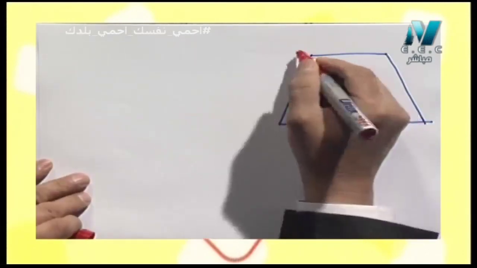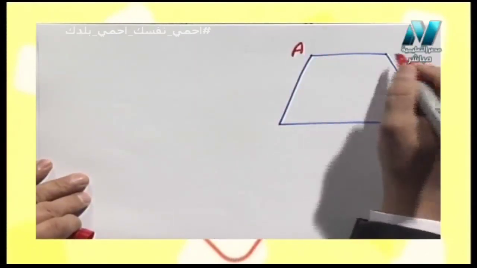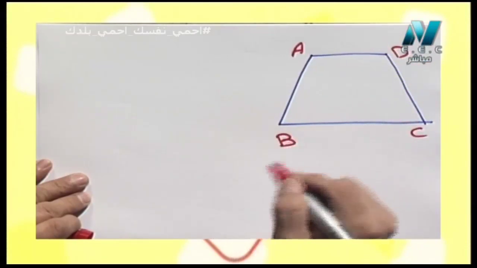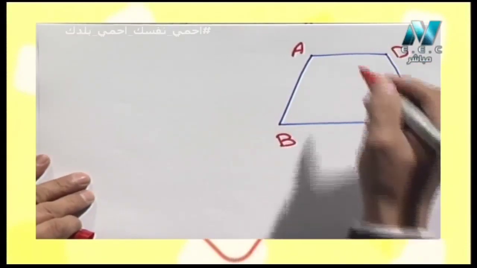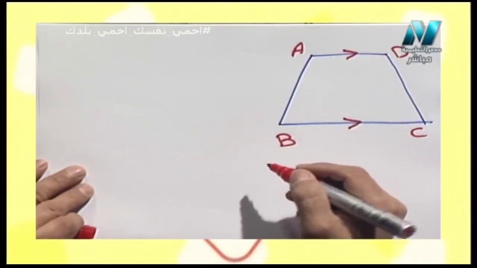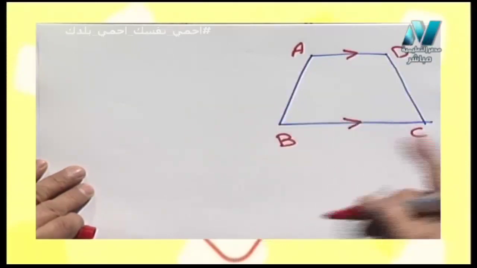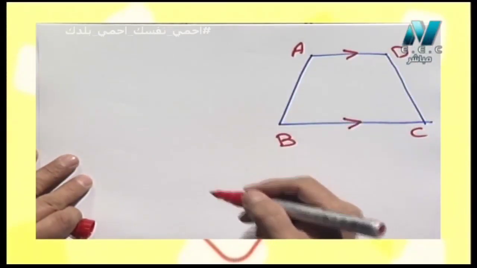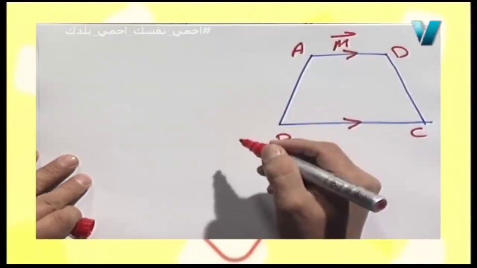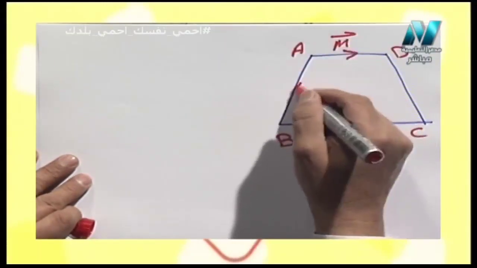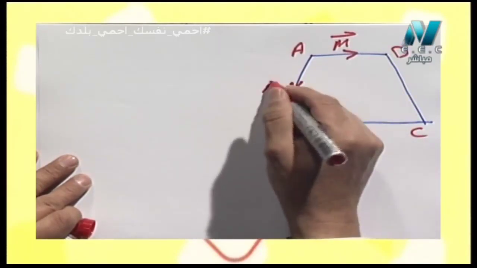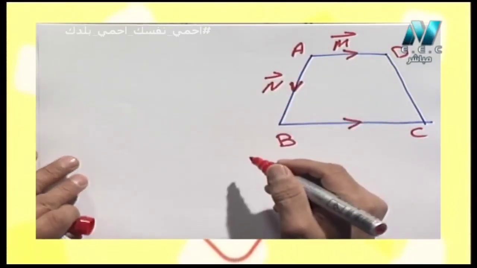This trapezium is called A, D, C, B. Okay. And we have AD, of course, parallel to BC, and AD is called the vector M, and the vector AB, concentrate about direction, is called the vector N.